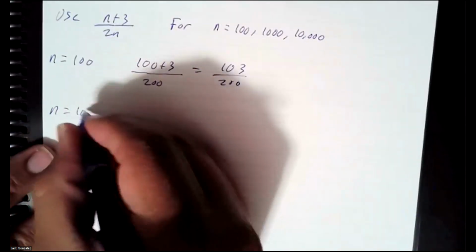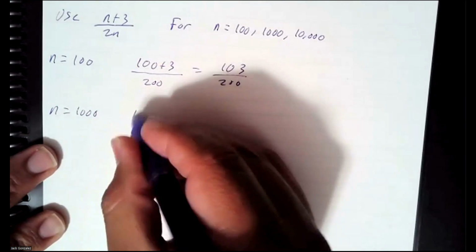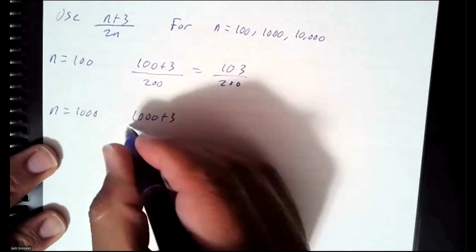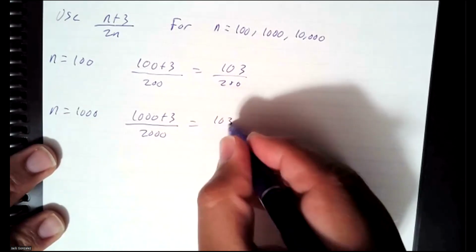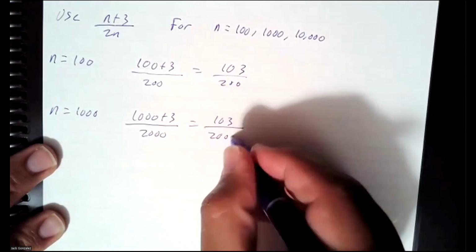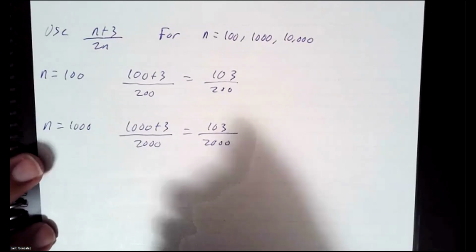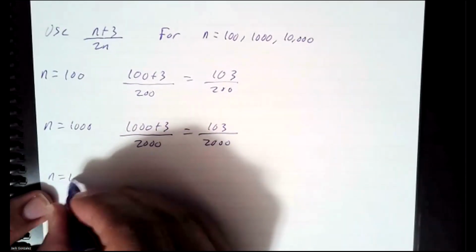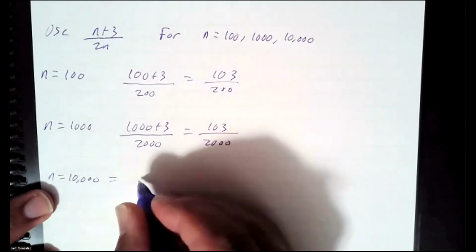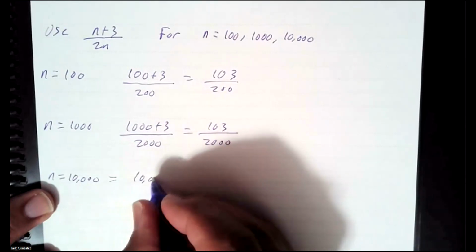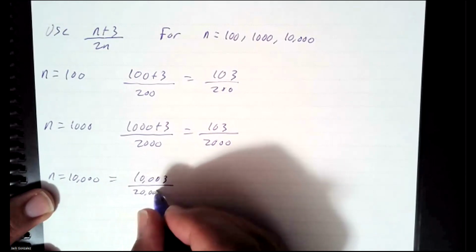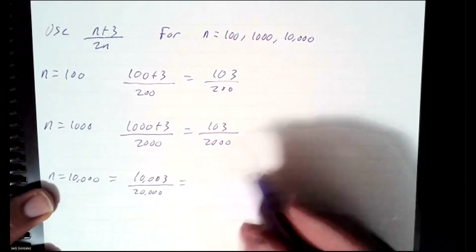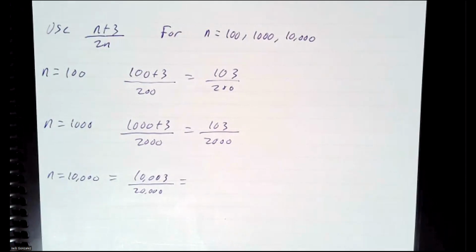Yes. n equal 1,000 would be 1,000 plus 3 over 2,000. And then finally, same thing. Okay. Yeah, that's all.